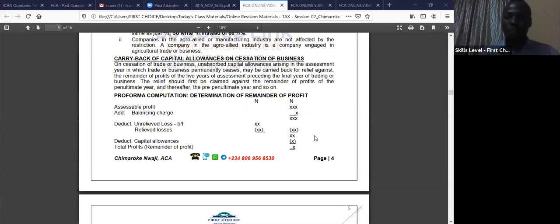When you go backward to the penultimate year, whatever profit that was remaining, which you are charging tax on, use those profits to clear your capital allowance. Now, let's say your capital allowance is 1 million, which you cannot relieve.